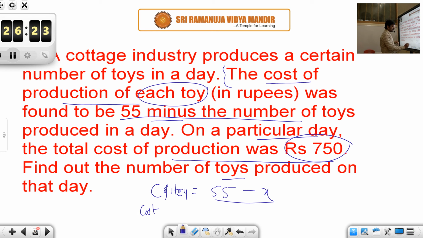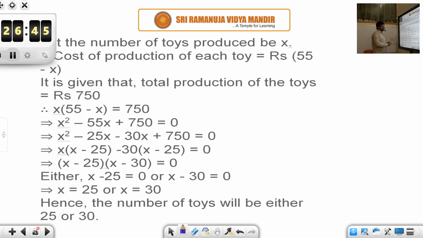Cost of x toys means you need to multiply the same by x. This is on that day where x toys have been produced. So 55 minus x times x. Now they have mentioned that on that particular day the total cost of production was rupees 750.